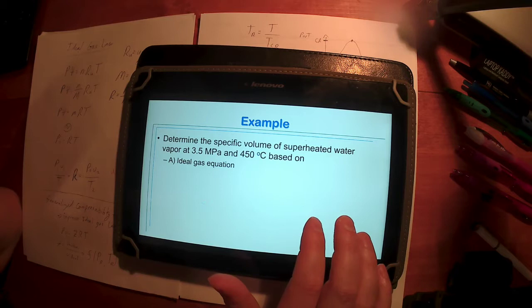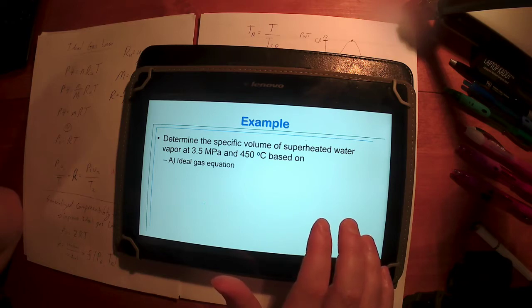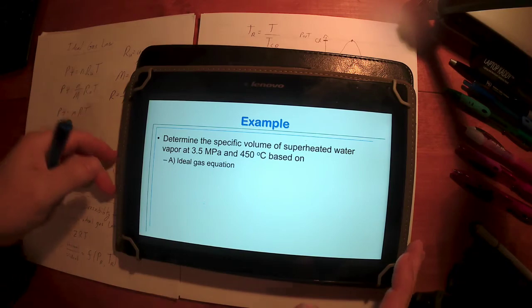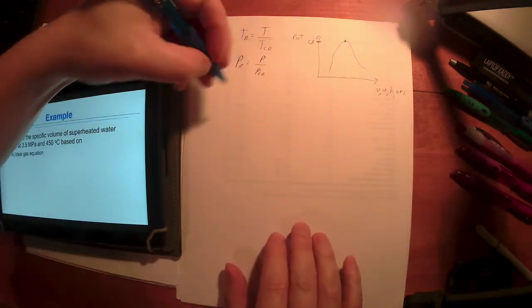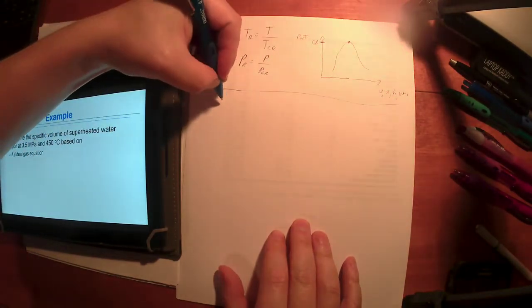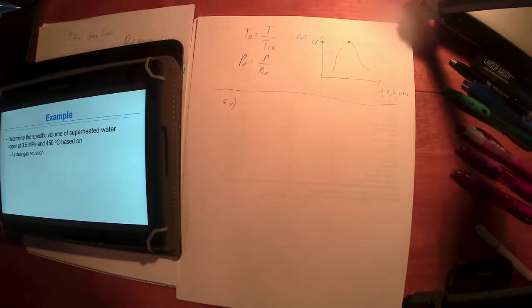So let's say we want to determine the specific volume of superheated water vapor given a pressure and a temperature, and we're going to do it three different ways, to compare and contrast. Let's start a new example problem.